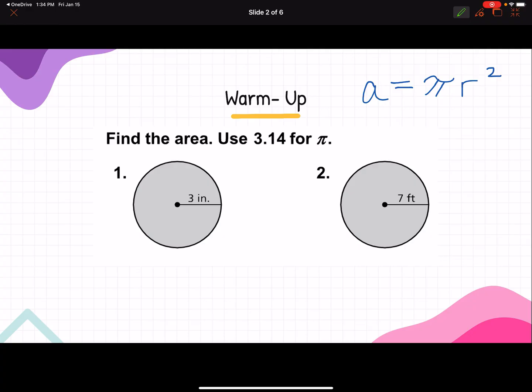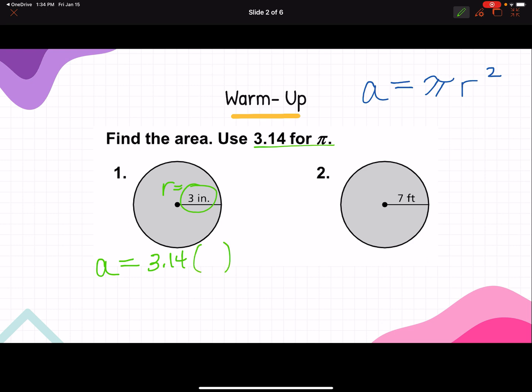Okay, let's go ahead and check your work for these. Remember, we can put this directly into the calculator with our formula. So for problem number 1, we have area equals, and we're going to substitute 3.14 in place of pi, and our radius squared is 3 inches.